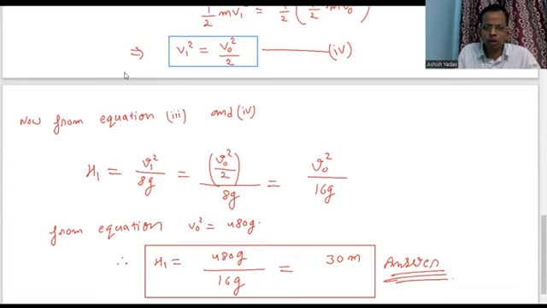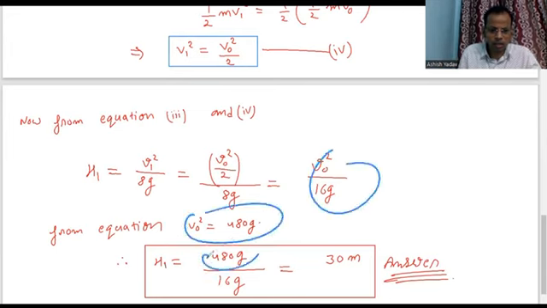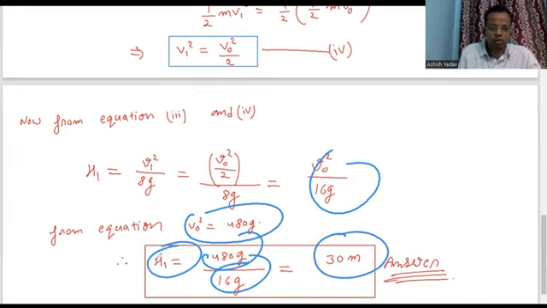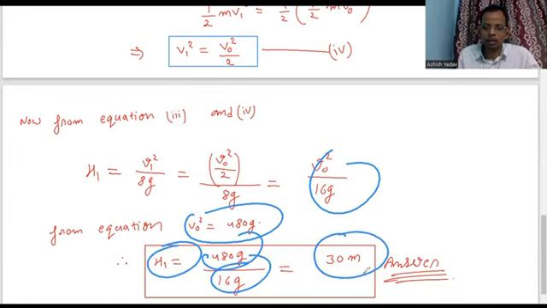Putting v naught square from equation 2, h1 is 480g upon 16g, that is 30 meters. So the maximum height the ball will reach after it first strikes the ground is 30 meters. Our answer is 30 meters.